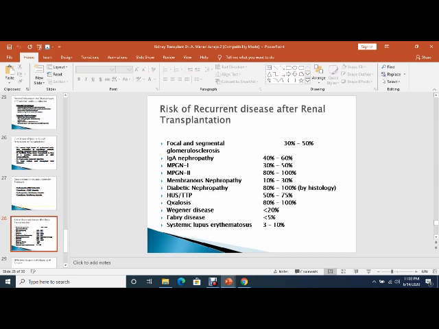Diabetic nephropathy; microangiopathies comprising hemolytic uremic syndrome and thrombotic thrombocytopenic purpura, 50 to 75%; oxalosis 80 to 100%; Wegener's disease, Fabry's disease, SLE.